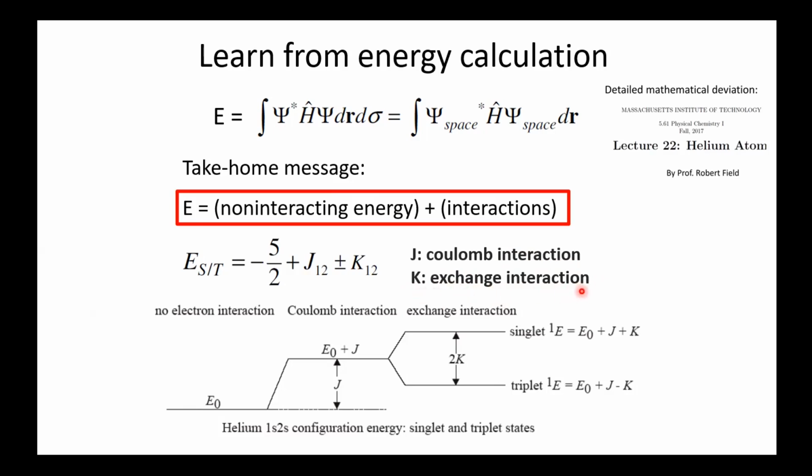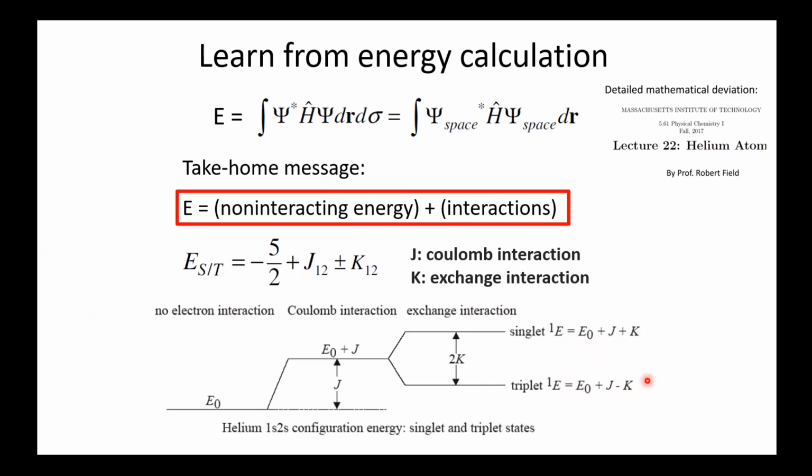What this exchange interaction means is that once these two electrons have parallel spin, there's some extra energy associated with that. In fact, this is also the term that differentiates the singlet from the triplet. You see, the singlet and triplet have everything else the same. They have the same non-interaction part and the same Coulombic repulsion part, but they differ in their exchange energy, because the electron spins have a different configuration in these two states.